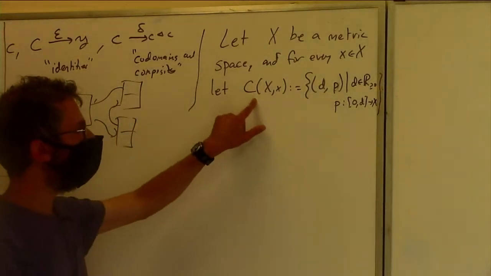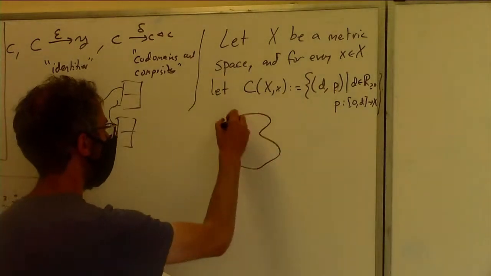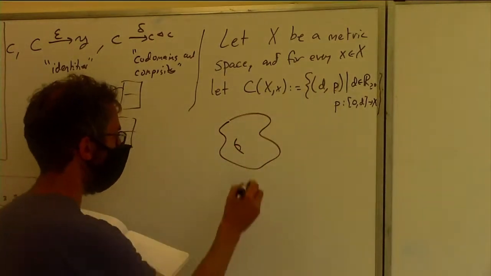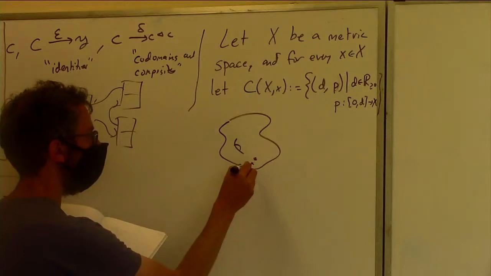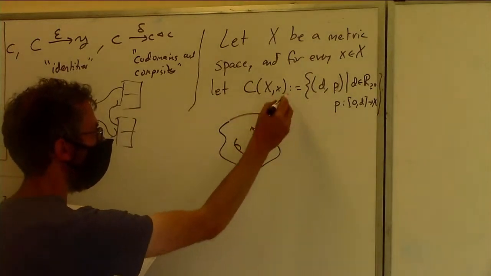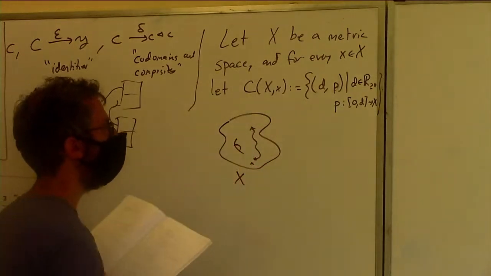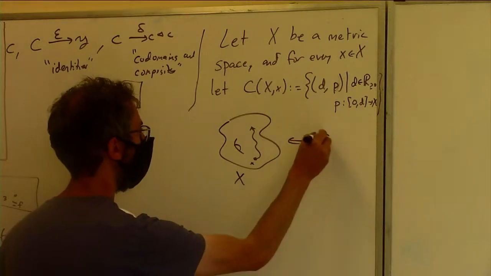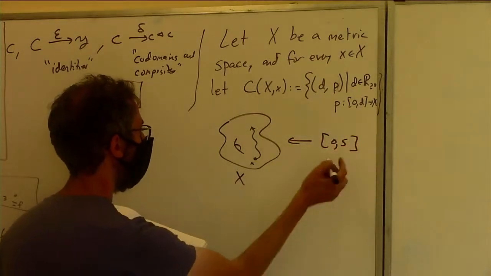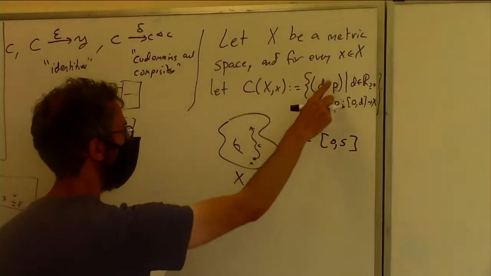These are supposed to be the curves in X starting at x. If X was some space like this, with a hole in the middle or something, and here's a little x in it, then an element of this set would be some length, like 5, and a curve, a map from [0,5] to X. That little curve there. Maybe I should call it c for curve.